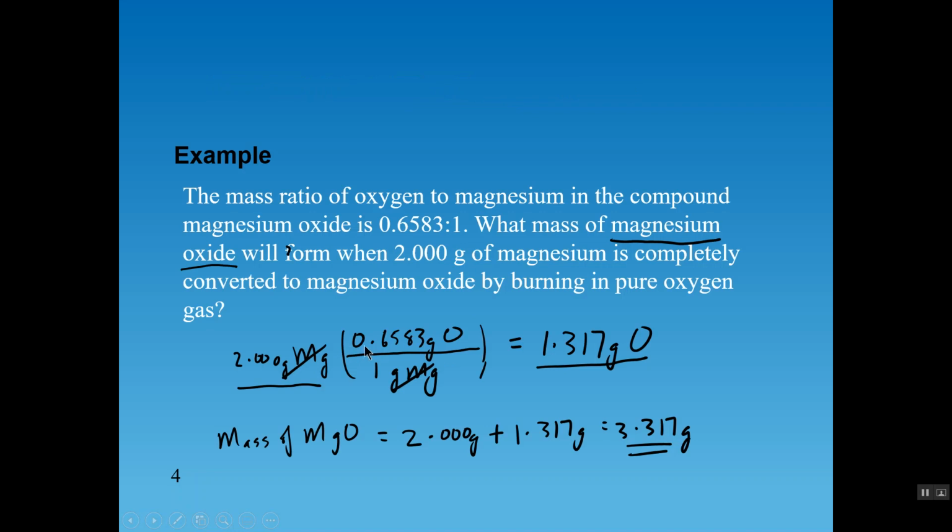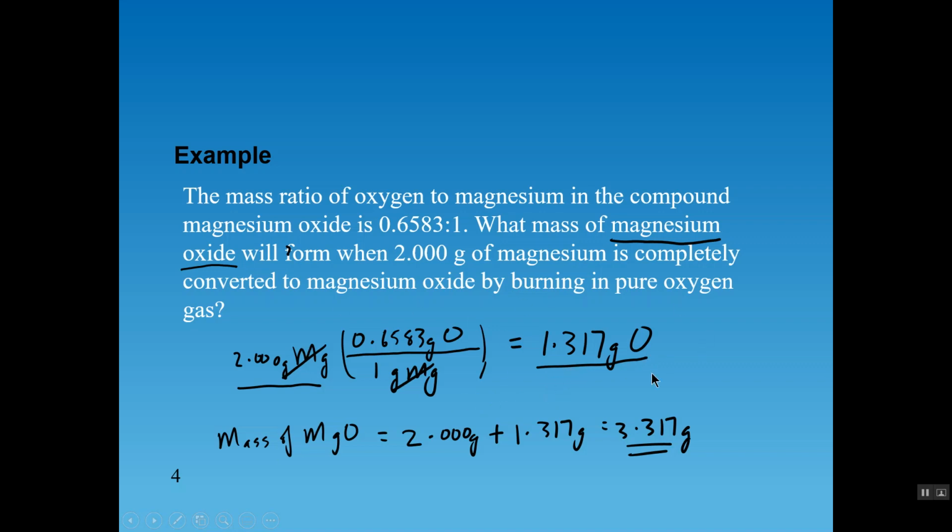So that's why I put 0.6583 grams of oxygen above, 1 gram of magnesium below, and then I do the multiplication here. The grams of magnesium will cancel out, so the only unit left would be the grams of oxygen. And when I do the number crunching in my calculator, I end up with 1.317 grams of oxygen.